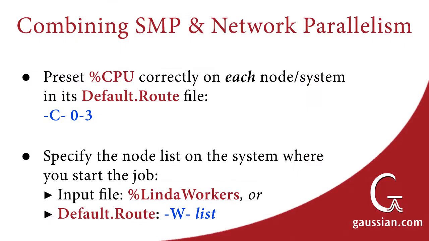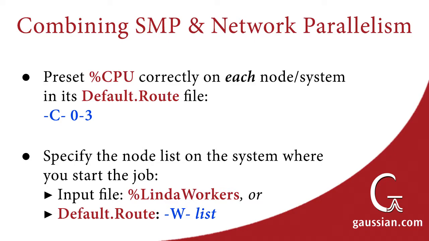Shared memory parallelism and network or cluster parallelism can be combined for a single job. In such cases, multi-core worker processes are executed on multiple nodes with the network or cluster. Setting up this kind of calculation has 2 steps. First, set %CPU correctly for each node in the network or cluster parallel calculation.